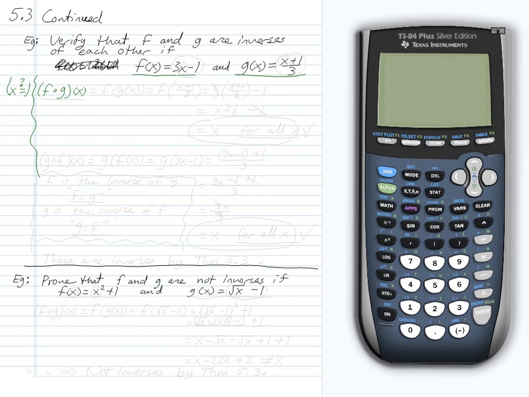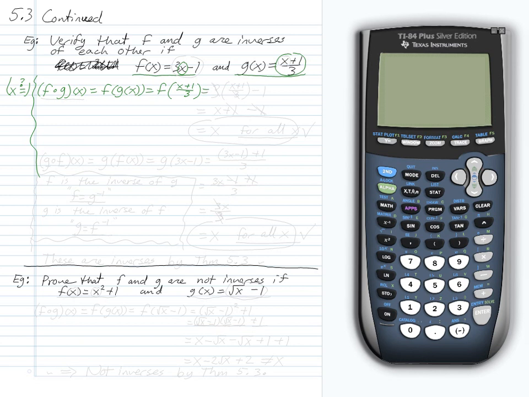Alright, so let's get started. f composed with g, that means we're going to plug g into f. Okay, well, g is this expression, (x plus 1) over 3. So that's what we're plugging into f. And what's that going to look like? Well, if we plug (x plus 1) over 3 in, we're plugging it in everywhere we have an x in the definition of f.